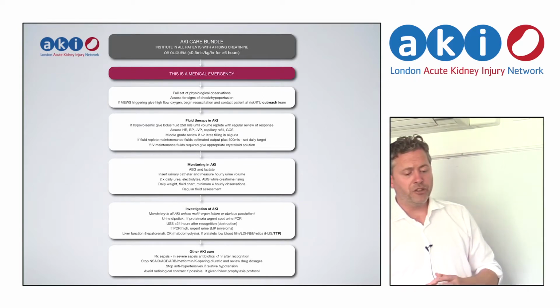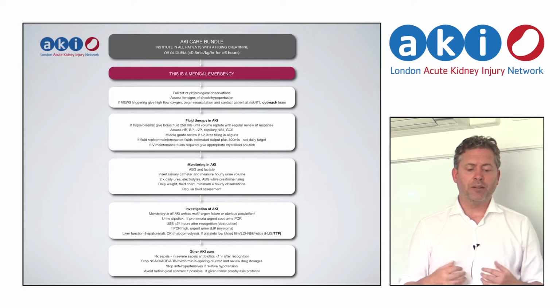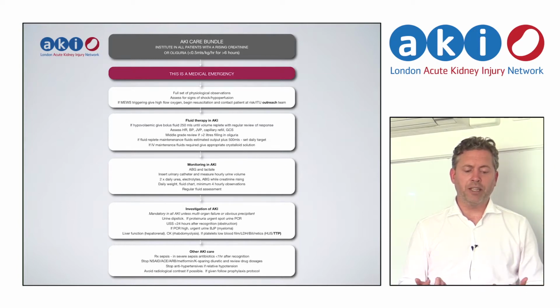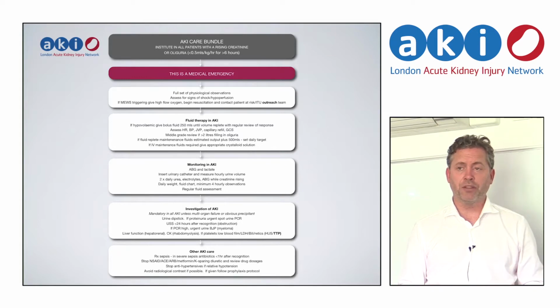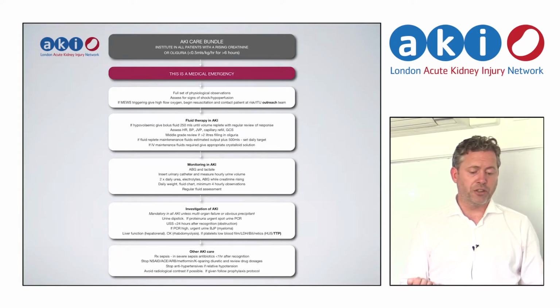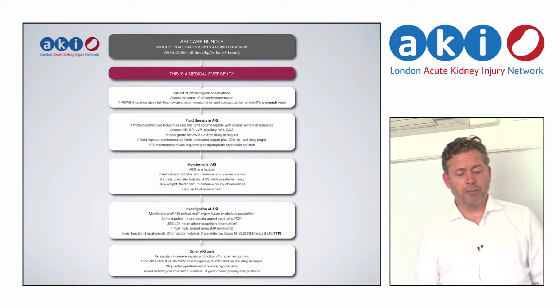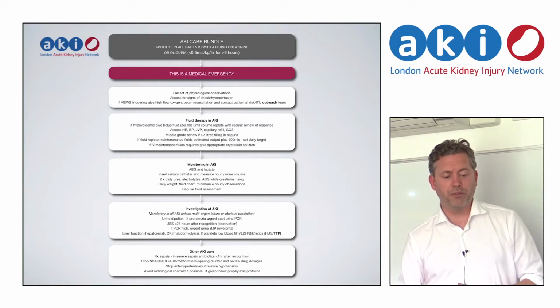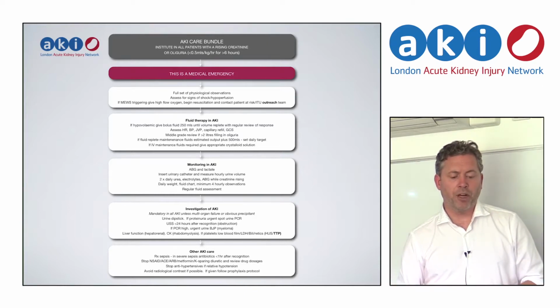What about investigation? Well, we would say some investigation is mandatory in all AKI unless there's multi-organ failure or a very obvious precipitant. NICE guidance would suggest a urine dipstick. If this is abnormal, consider parenchymal renal disease. An ultrasound, if there is no obvious cause for AKI, should be performed in less than 24 hours to exclude obstruction.